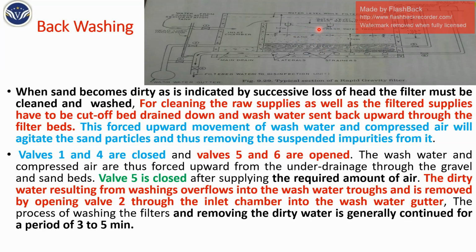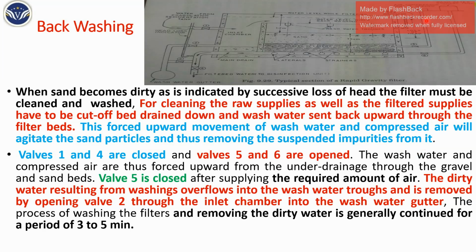For the cleaning, the raw water supply as well as the filter supply is cut off, so valves 1 and 4 are cut off. Then we put an upward movement of wash water and compressed air through the sand particles, which removes the suspended impurities from the filter.